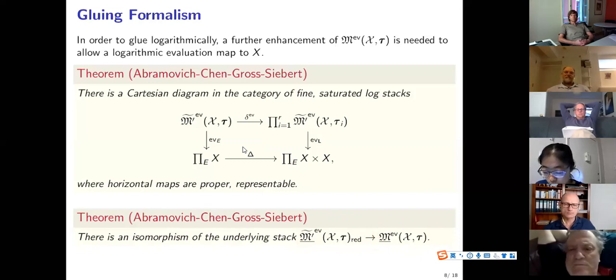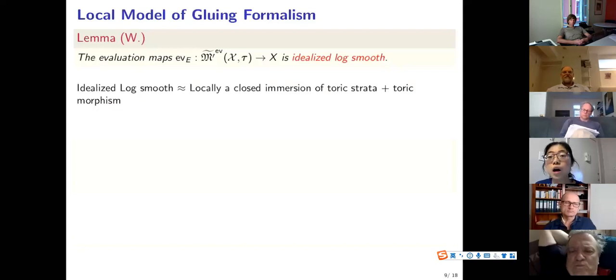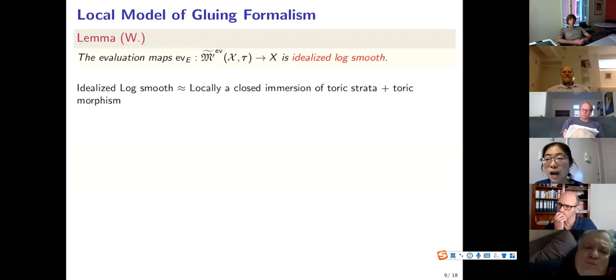So this diagram will be the key object that we're going to work on. A first observation is that the evaluation map over there is idealized log smooth. And as remarked before, idealized log smooth is approximately locally a closed immersion of toric strata into a toric variety together with a toric morphism.